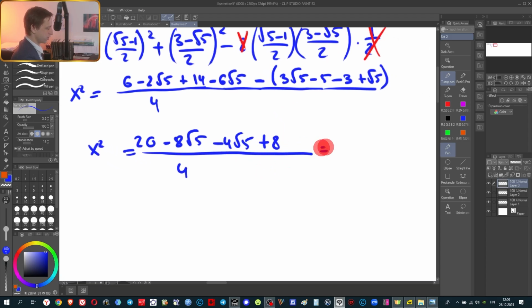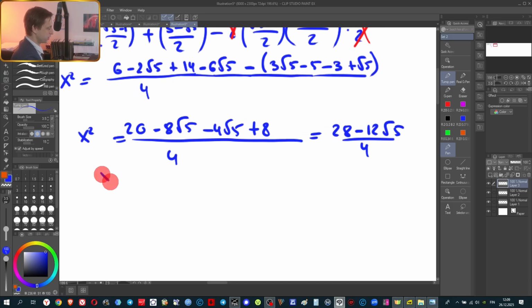Eventually, the right answer will be (28 minus 12 square root of 5)/4. And the amazing thing here is they are both divisible by 4, so you can divide them separately. And eventually x squared equals 7 minus 3 square root of 5.